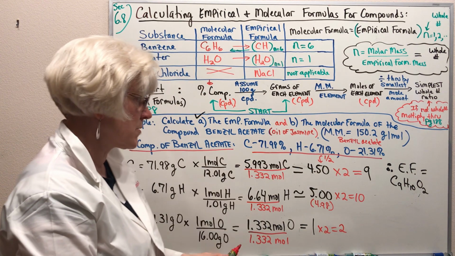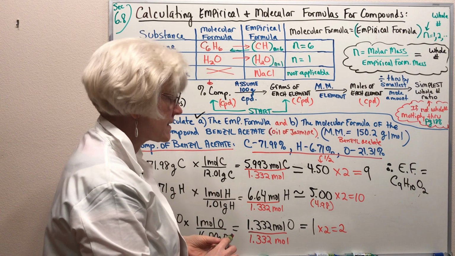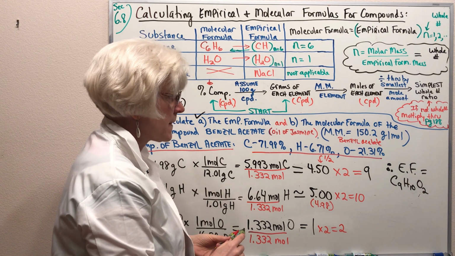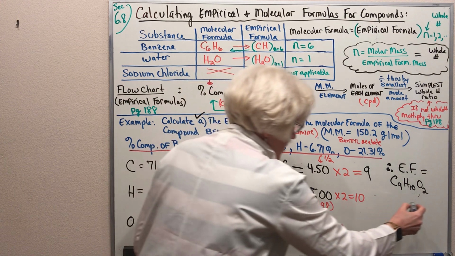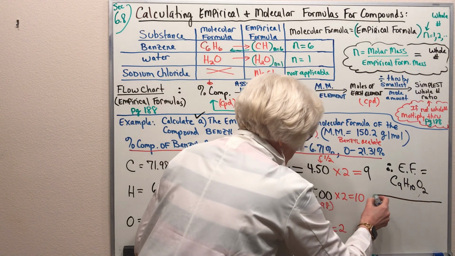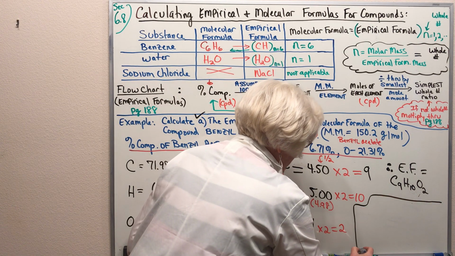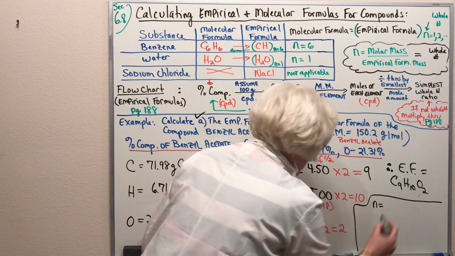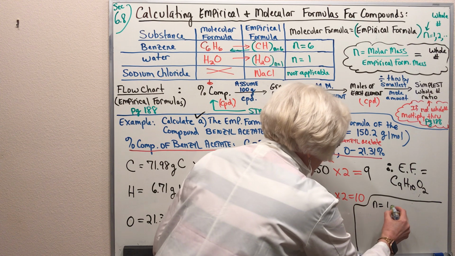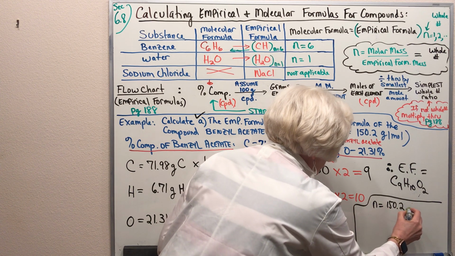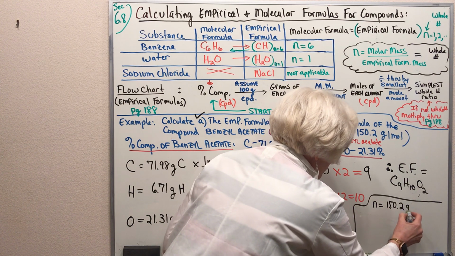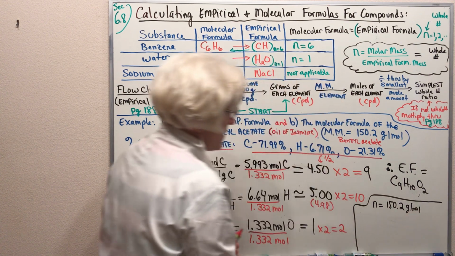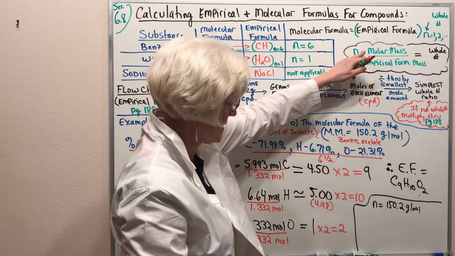It was stated in the problem. The molar mass of benzyl acetate is 150.2 grams per mole. So carving out a little space here. N is going to equal 150.2 grams per mole. That is my molar mass.